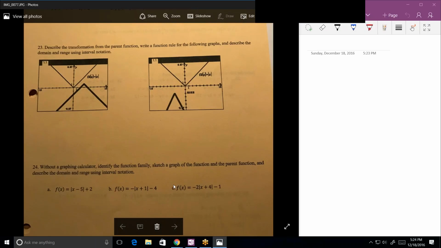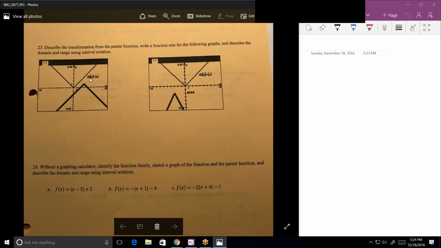The parent function is the skinny line. I'm not sure what that says. Does that say f of 2x? Really?